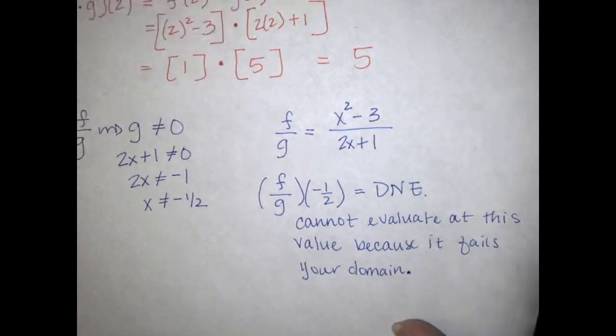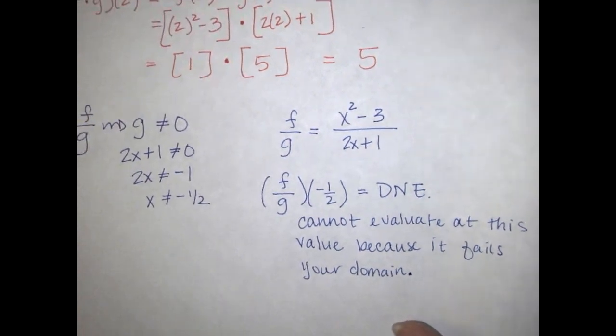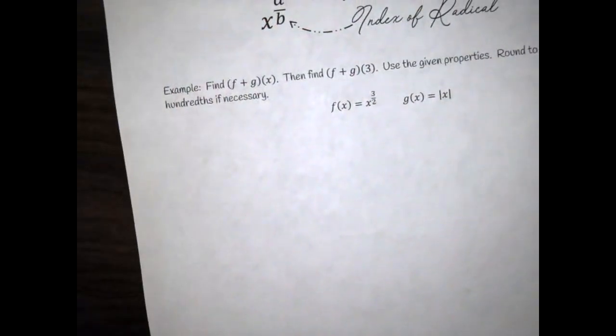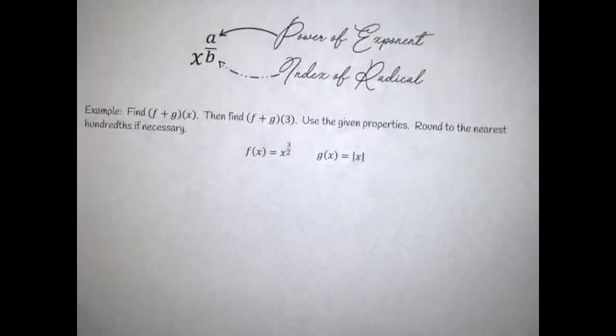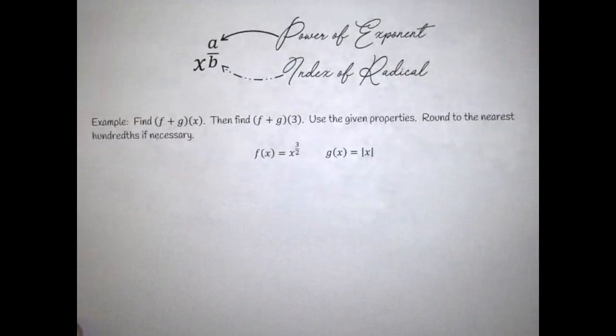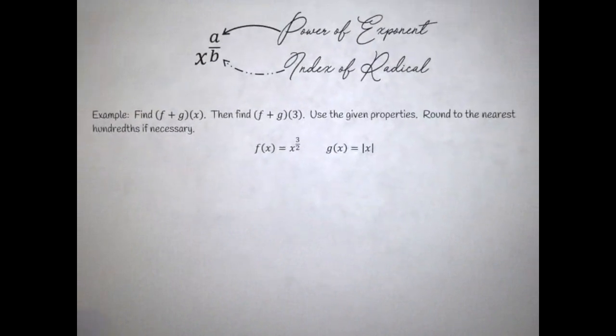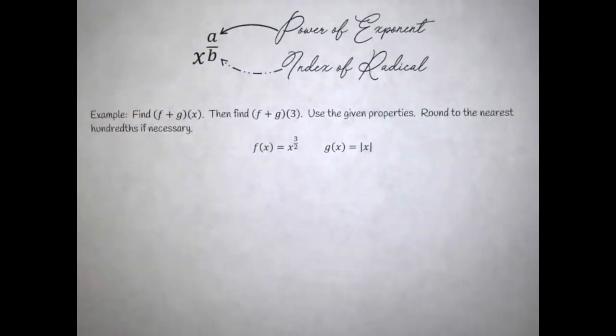Okay. So let's look at another one. Alright, so we have this one, which you'll see in Hawks kind of shows up fairly often. So first and foremost, there's a little note that you need to keep in mind.